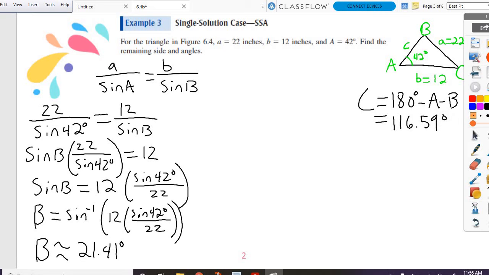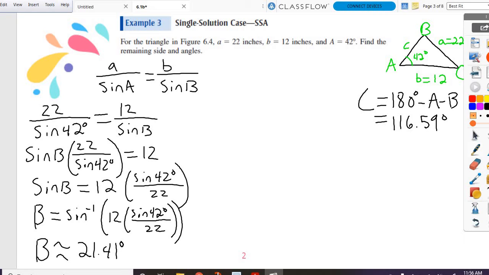116.59 degrees. Yes? And then from there, can we find little c? Yes. The only thing that I will say is technically we could use our B ratio now to find C if we needed to.